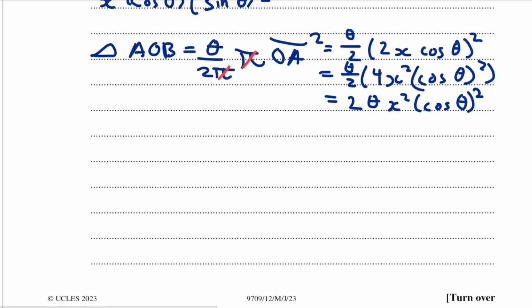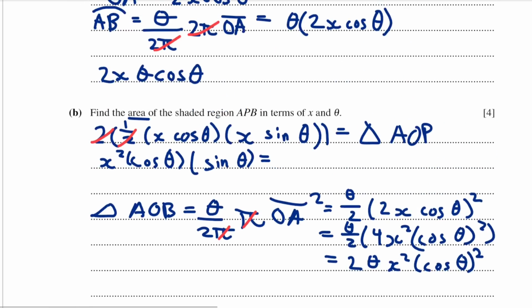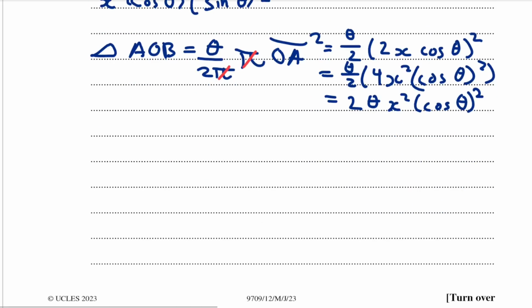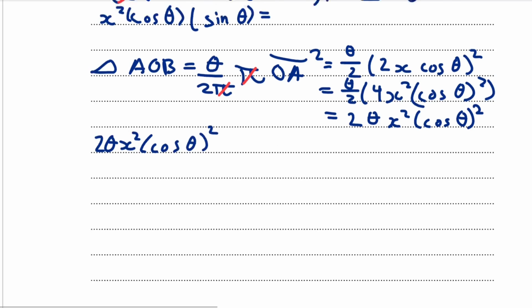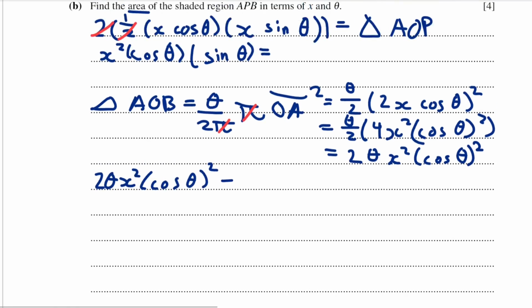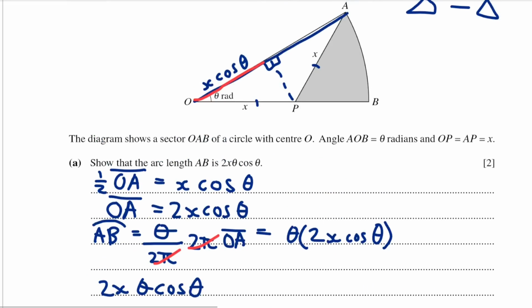So we just need to subtract these two expressions, and we get 2 times theta times x squared times the cosine of theta squared, minus x squared times the cosine of theta times the sine of theta, will equal the shaded region APB.